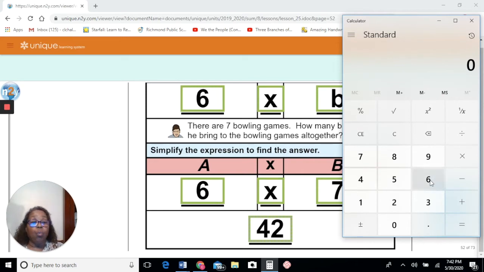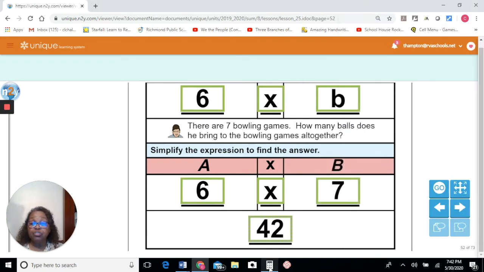Let's do it. 1, 2, 3, 4, 5, 6, 7. Hit the equal sign, and we get 42. So if we add 6 plus 6 plus 6, the repeated addition, our answer is 42. But if we put 6 times 7, we also get 42. And that is the shortcut.